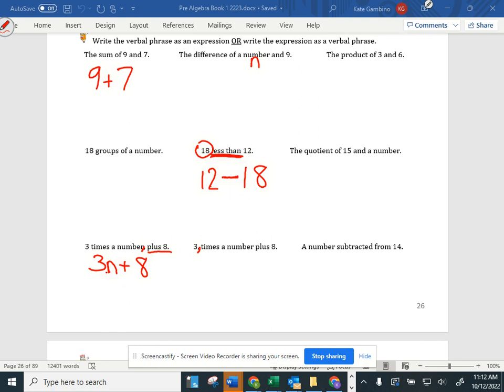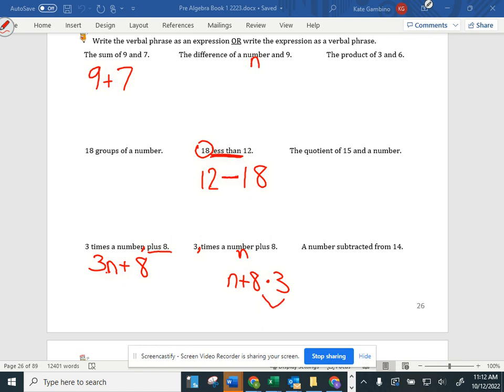I know some of us think we have it figured out. I am going to go with Tegan. What do you think? N plus 8. So we know it's a number, so n plus 8 times 3. So that's going to tell us order of operations.